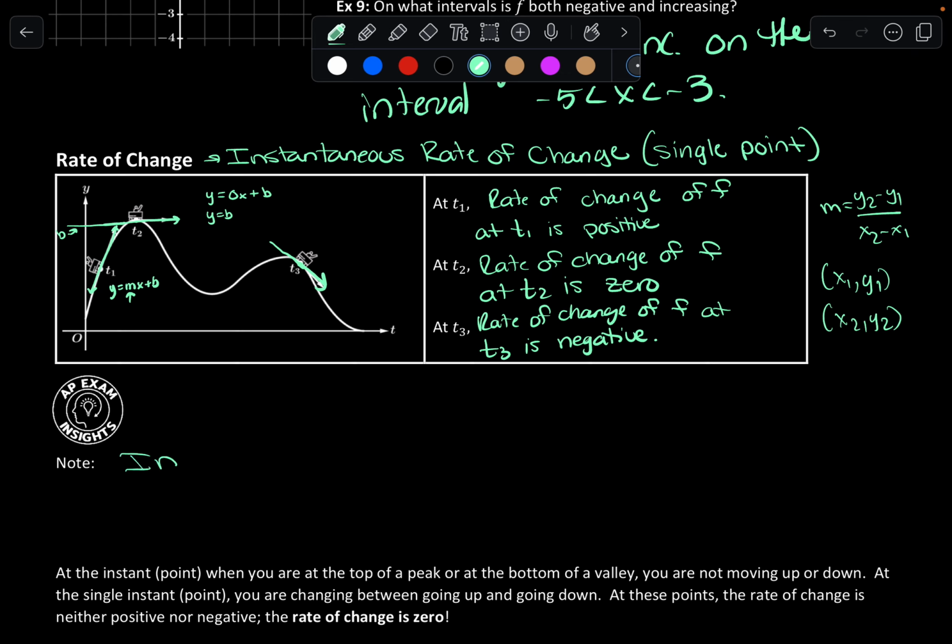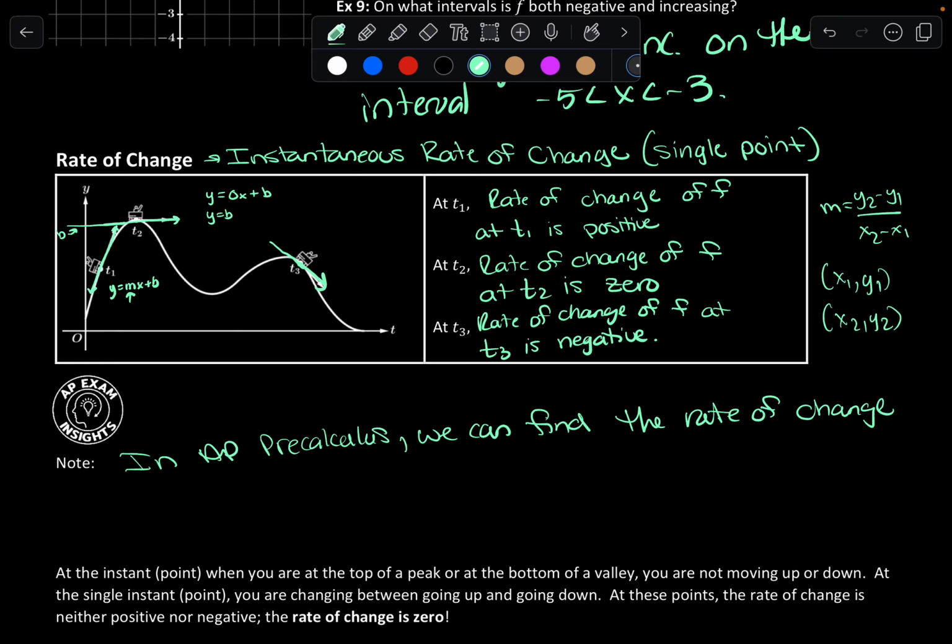Okay, so just a quick note. In AP Pre-Calculus, we can find the rate of change at a given point. And I need to correct this statement. This should say we cannot find.